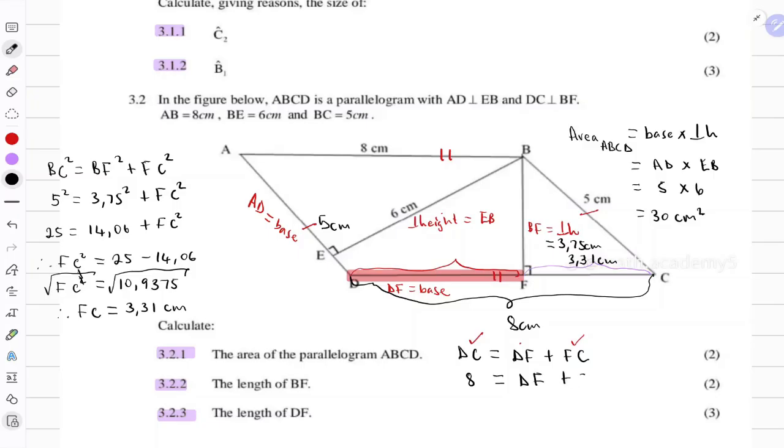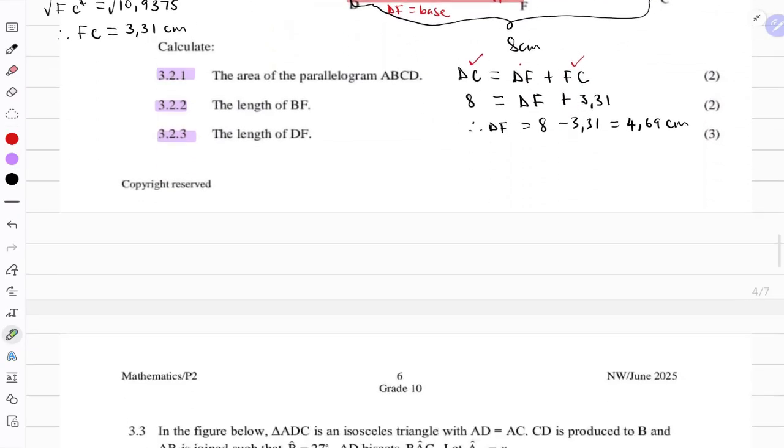FC is 3,31. So therefore DF is equal to 8 minus 3,31, and this gives us 4,69 centimeters, correct to 2 decimal places. So moving on to the next question.